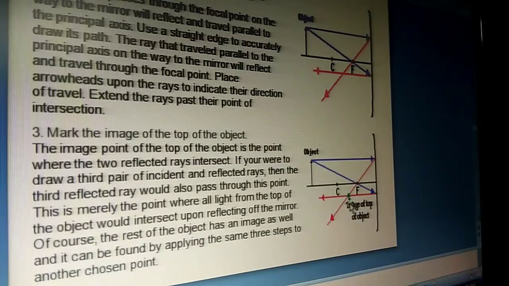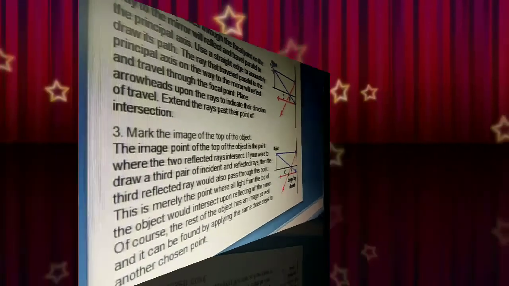If this intersection point is in front of the mirror, it is a real, inverted image. Whenever the ray passes through C, it retraces the same path. These are the rules for drawing ray diagrams.